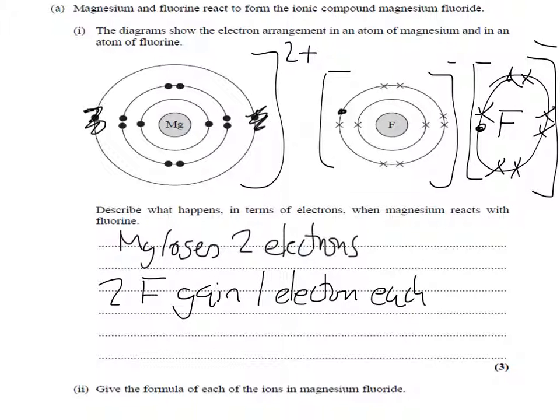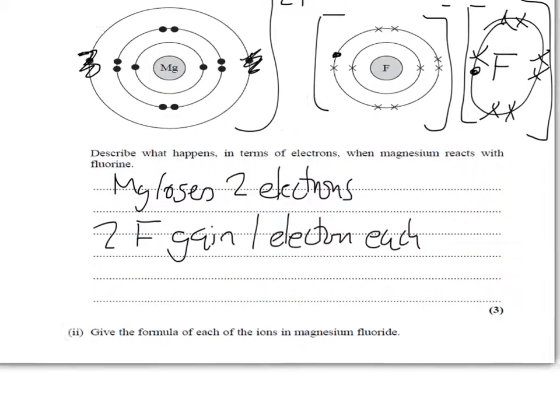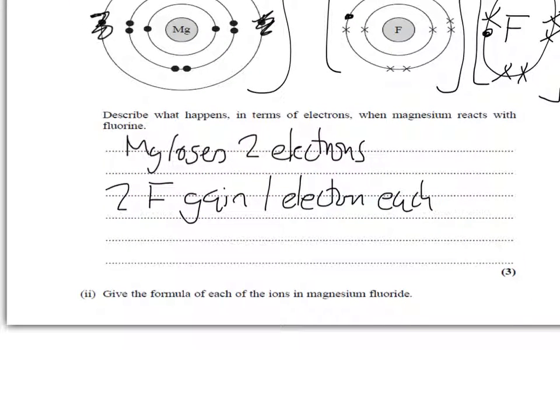And the question asks us for the formula of each of the ions in magnesium fluoride. Well, magnesium has lost 2 electrons, so it'll be Mg2 plus. Each fluoride has gained 1 electron, and the electron is negative, so it'll be F minus. And then if we were asked for the formula of the compound, which we're not, it would be MgF2. We need 2 fluorides for each magnesium.